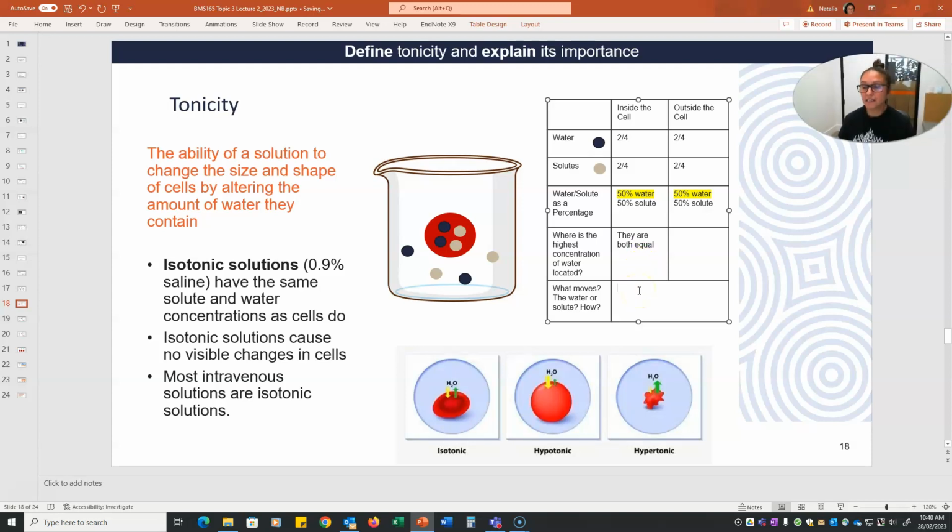Now, the next thing we need to think about is what moves. We've learnt about the plasma membrane, how it's selectively permeable. That means that water can move through our plasma membrane, but solutes cannot.